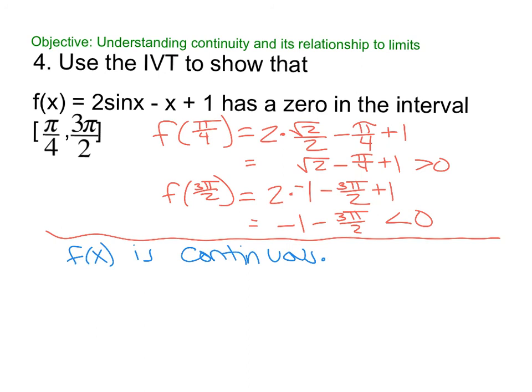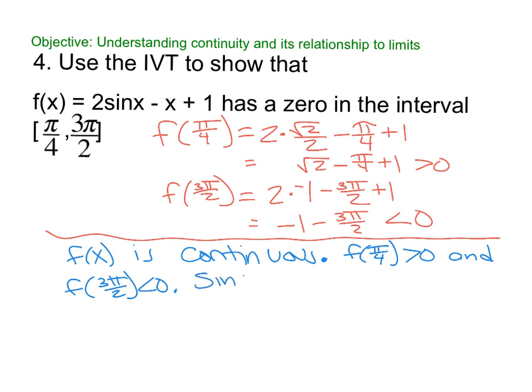f of x is continuous. f of pi over 4 is greater than 0, and f of 3 pi over 2 is less than 0.